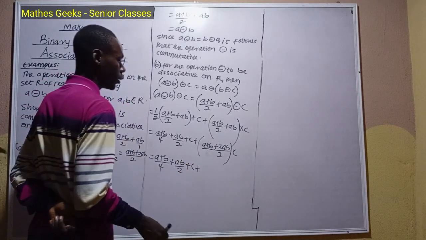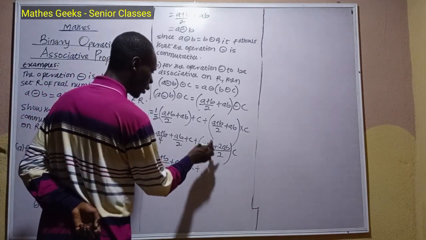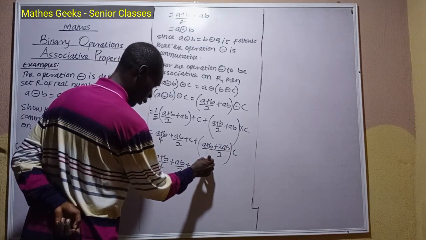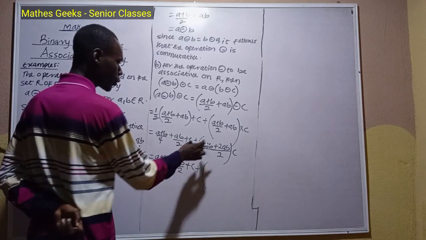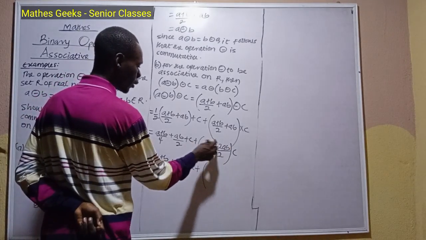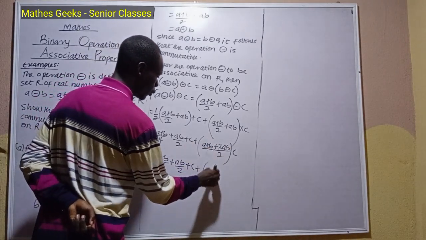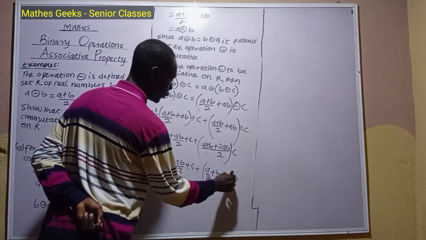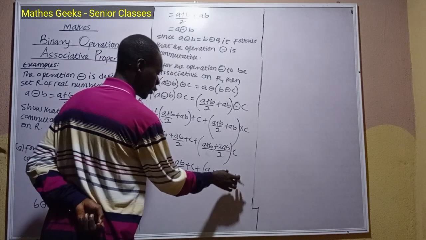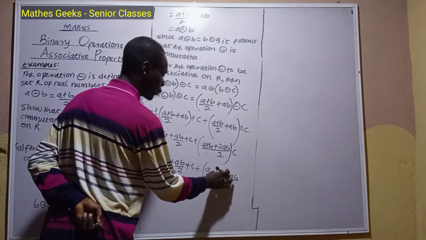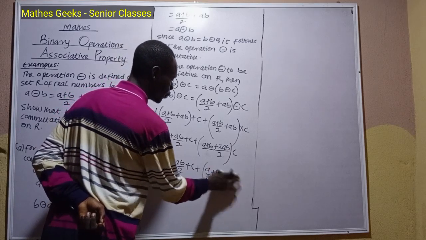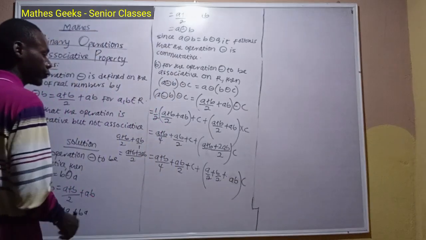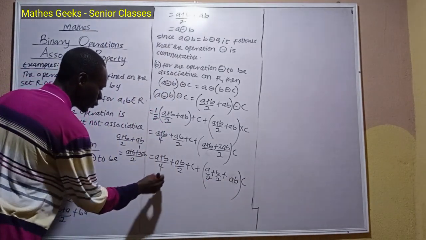Plus A plus B plus 2AB, which is like A over 2 plus B over 2 plus 2AB over 2. Remember, 2AB over 2 will cancel, so this will give us AB, multiplied by C. Okay, so let's proceed.